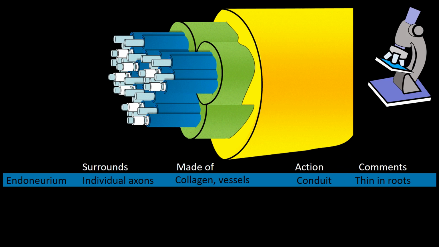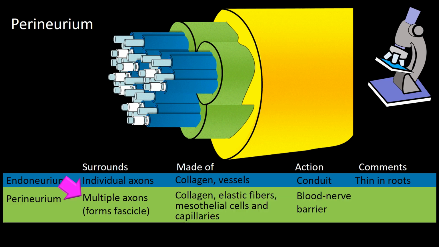The next structure we can identify is the perineurium. The perineurium surrounds multiple axons forming fascicles. It is made of collagen, elastic fibers, mesothelial cells, and capillaries. The perineurium has a very important action, that is to be the blood-nerve barrier.